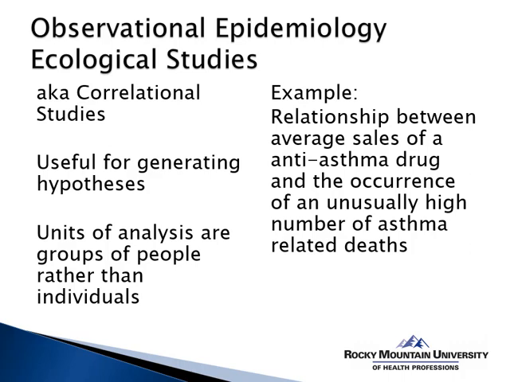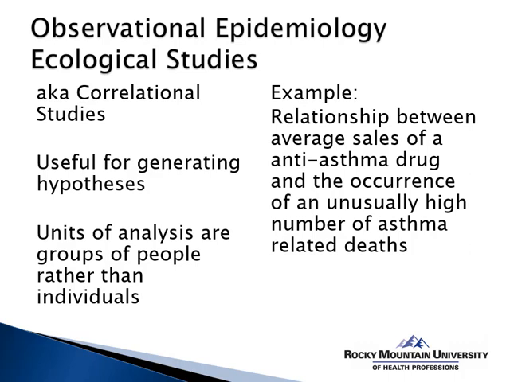Next, looking at an ecological study, also known as a correlational study. So these are useful for generating hypotheses. The units of analysis are groups of people rather than individuals. So here's an example.